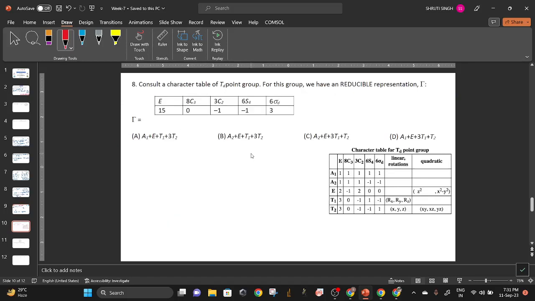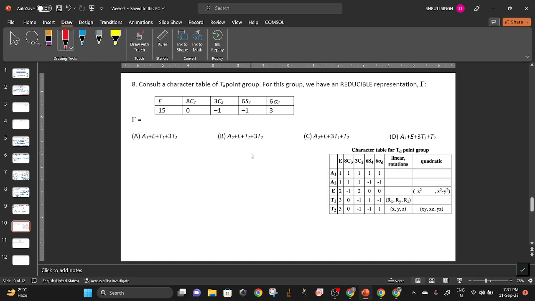Okay, let's come to the 8th question. It is telling us to consult the character table of the Td point group, and for this group we have a reducible representation tau, which is given like this. We need to figure out which irreducible representations this tau is made up of.